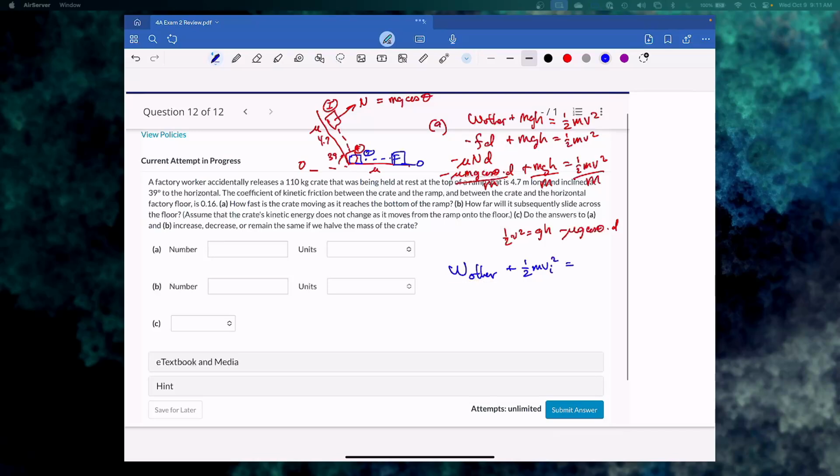And then what do we have at the end? 0 gravitational potential energy and 0 kinetic energy. The V initial I've written in blue. Where does it come from? Comes from part A. Yeah, it's the V final from part A. Whatever part A's final velocity is right here becomes the initial velocity for part B.